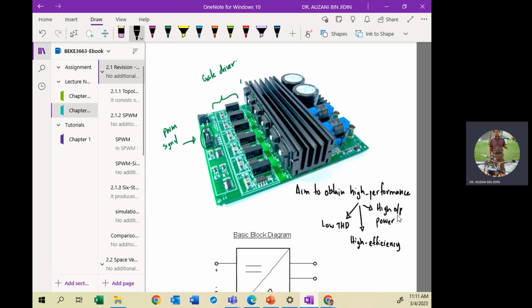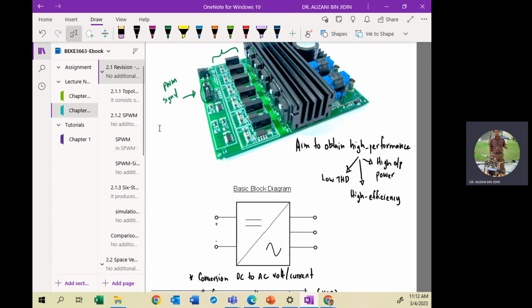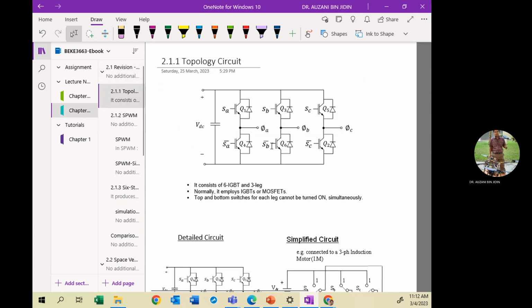Okay. So this is the reason why researchers have shown significant interest in developing various control strategies and modulation techniques in order to improve the performance of the inverter. Okay, so we proceed to the next page.